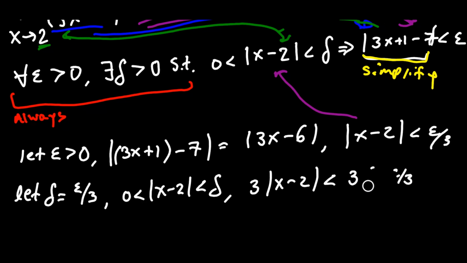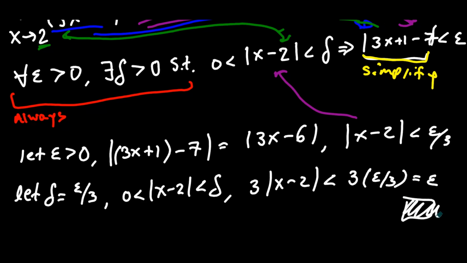And 3 times delta, or 3 times epsilon over 3, is equal to epsilon. So this finishes the proof, and you can also make your little box right there.